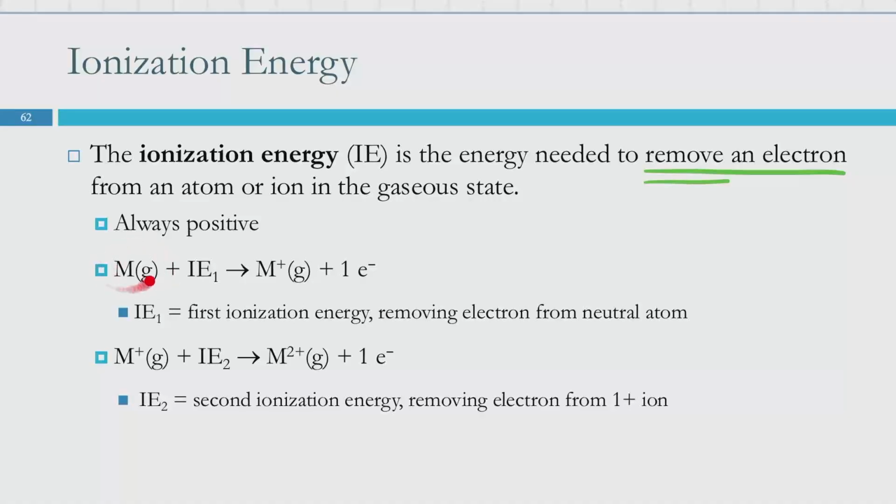So for M, some metal, if we add in the amount of energy that it takes to do one ionization, we get a 1+ ion, and we get the electron that pops off. If we go from the ion, so starting with M+, we can add the second electron ionization energy, and it goes to a 2+ charge, and this is the other electron that we remove.